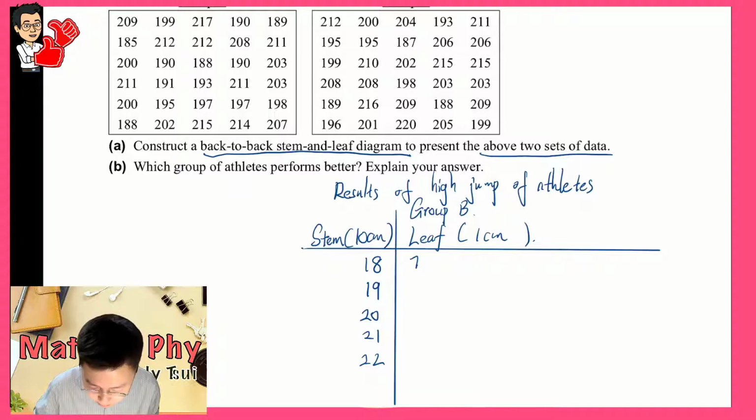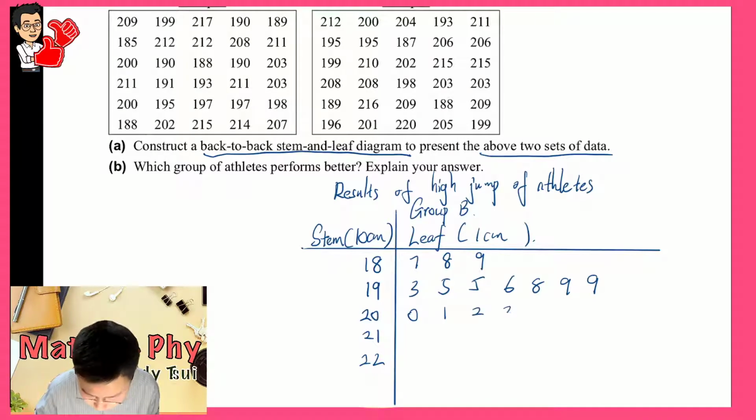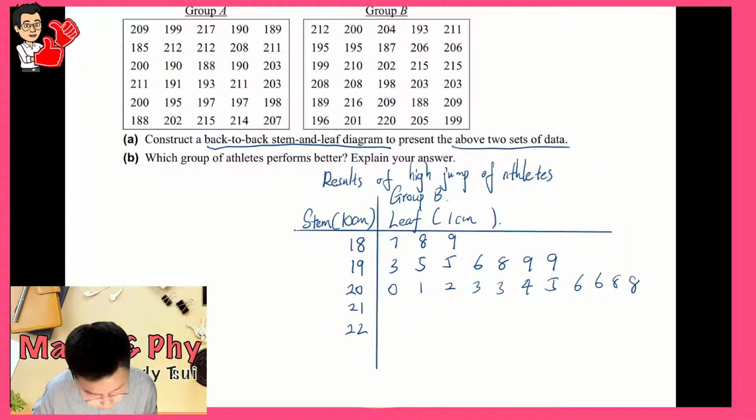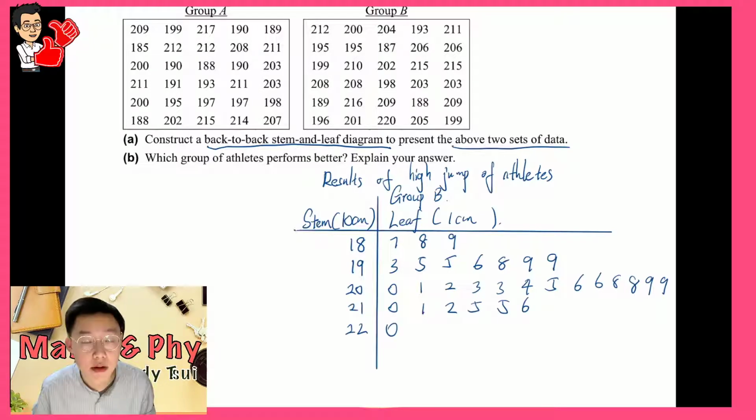This one is 7, 8, 9, and 3, 5, 5, 6, 8, 9, 9, and this one 20 should be 0, 1, 2, 3, 4, 5, 6, 8, and 9, and this one 210, maybe you have 0, 1, 2, 5, 6, and this one is 0. So we finished the part about group B.